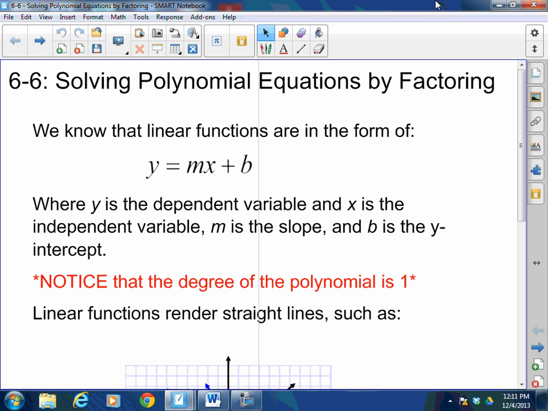We know how to factor trinomials where the absolute value of a is greater than 1, it's just other than 1. We know how to factor special cases: perfect square trinomials, difference of squares, sum of cubes, and difference of cubes.